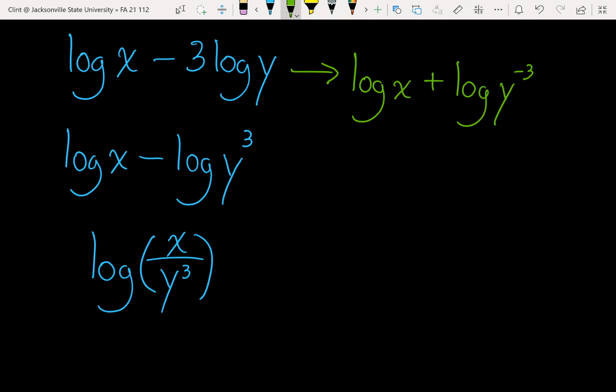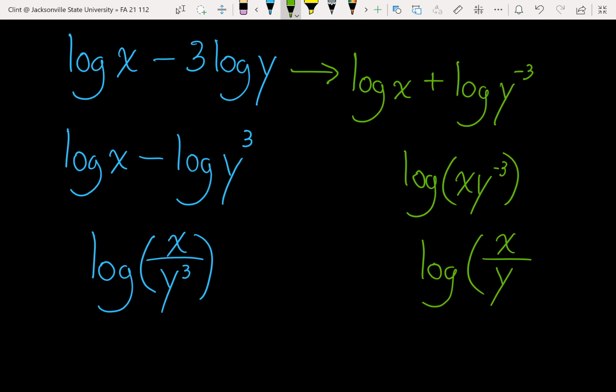You could do that, and then we end up with log of x y to the negative third, which is log of x over y to the third. You could do it that way. Yeah, the division has to be inside the logs.